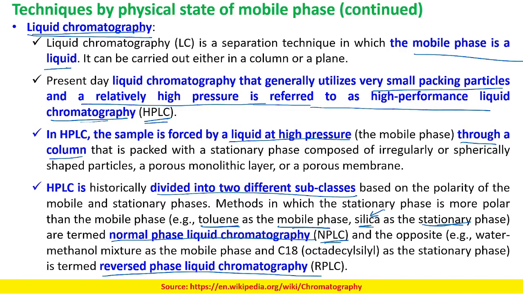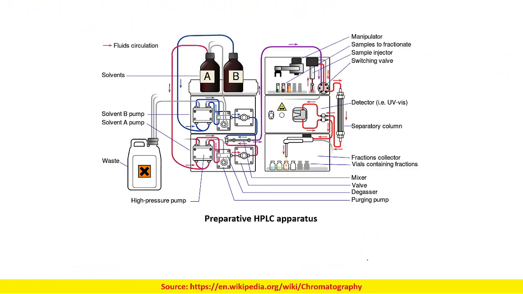On the contrary, in RPLC we have a water methanol mixture in different proportions as the mobile phase, and C18 octadecyl as the stationary phase. So this is the example of, or the flow diagram of, a preparative HPLC apparatus.